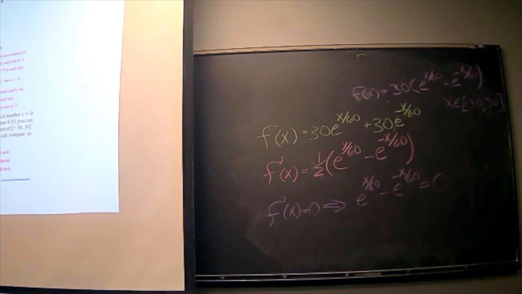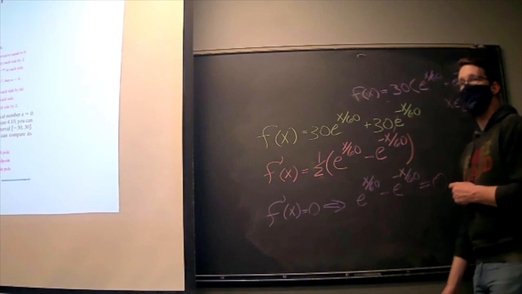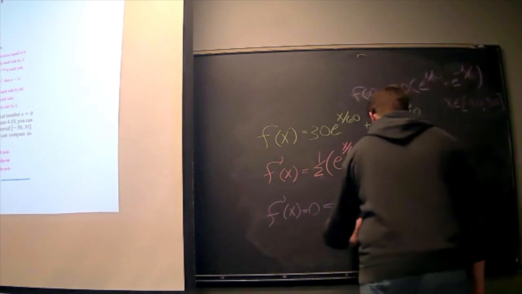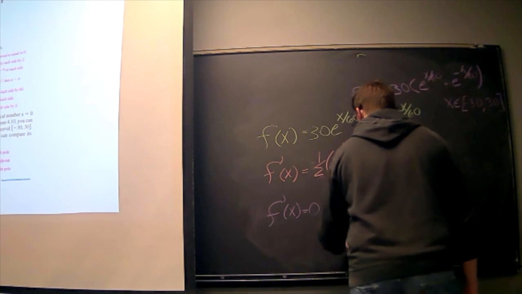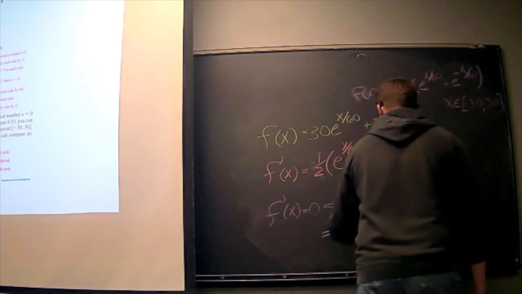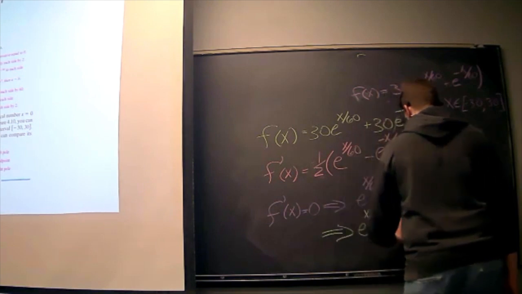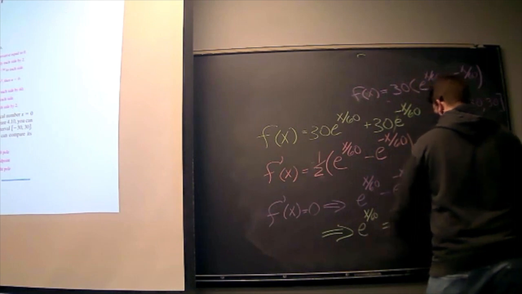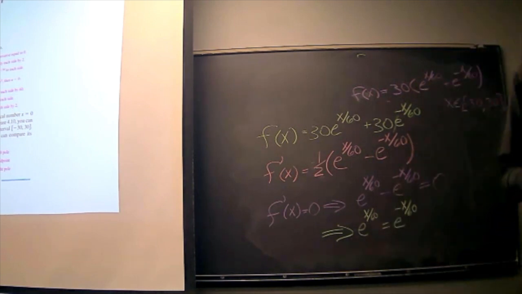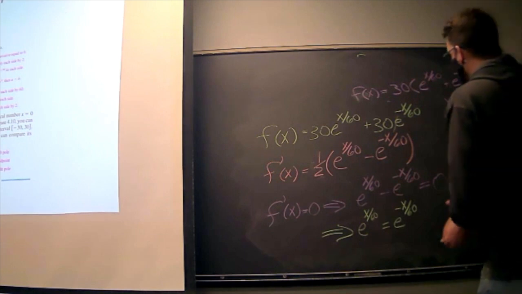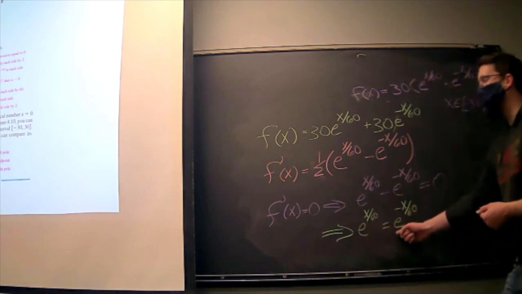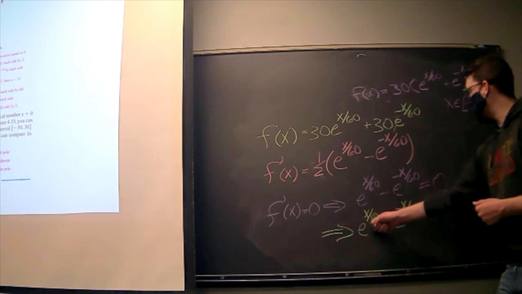We're going to add e to the negative x over 60 to both sides. Now we're going to make an observation. The only way these two things are going to be equal is if their exponents are equal, right?